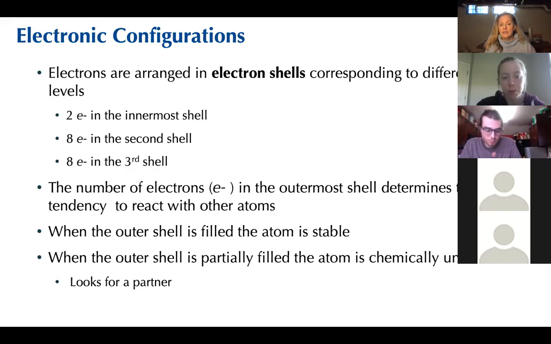Now, also with our electronic configurations, we built up our hydrogen, right? Hydrogen has 1 proton in it, typically no neutrons. So it has 1 positive charge on the inner core of its atomic nucleus.